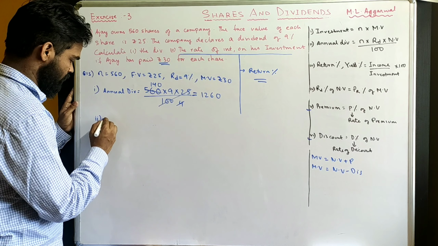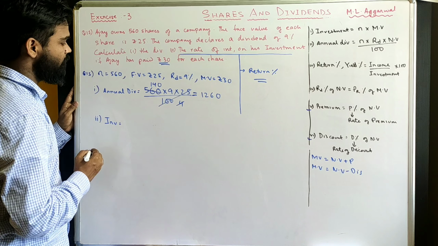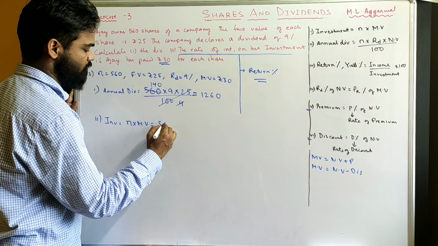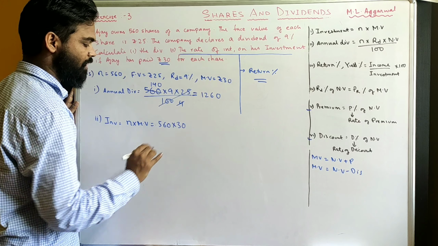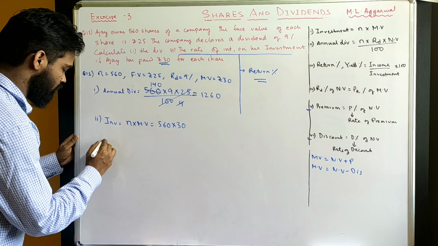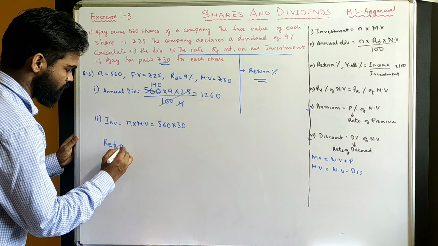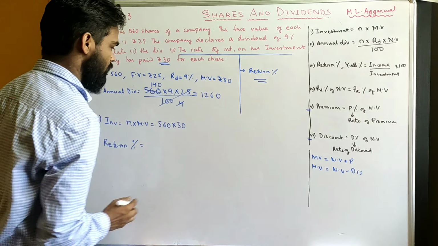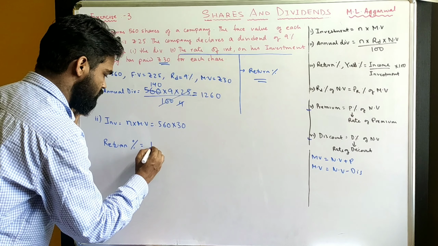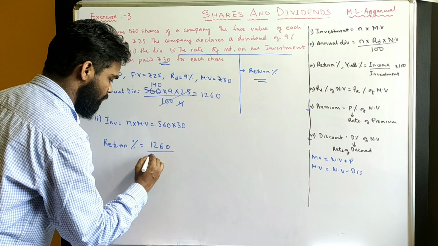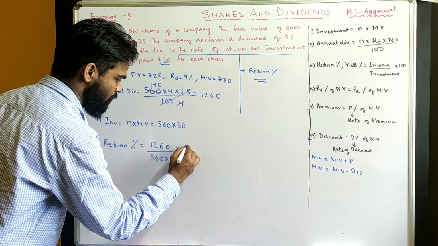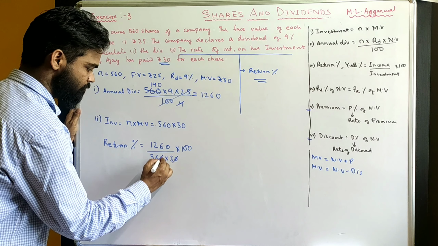First of all, find investment. What is the investment? Investment is number of shares into market value, which in this case is 560 into 30. Keep it like this. So your return percentage is income, which is dividend by investment into 100. Am I clear?